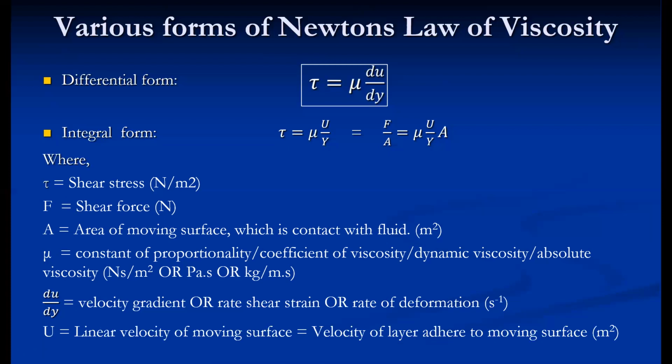Capital U is the linear velocity of the moving surface, which is also equal to the velocity of the layer adhered to the moving surface. While solving problems, we can consider the velocity of the moving surface as capital U. Y is the distance between the stationary and moving plate or surface. The dynamic viscosity is one type of viscosity.